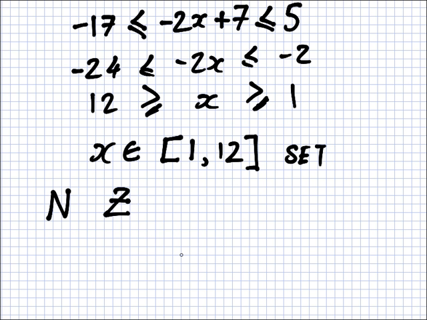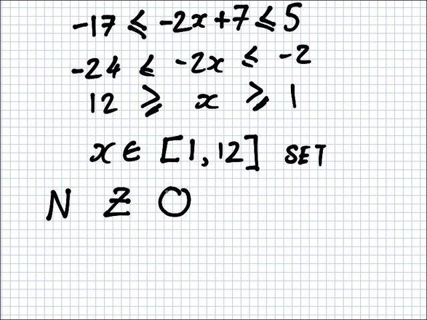What are those numbers? Business students, do you know what integers are? They're numbers like 1, 2, 3 and minus 1, 2, 3. They're positive and negative natural numbers.